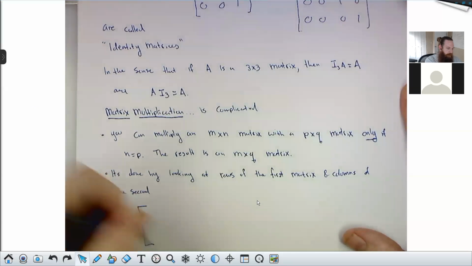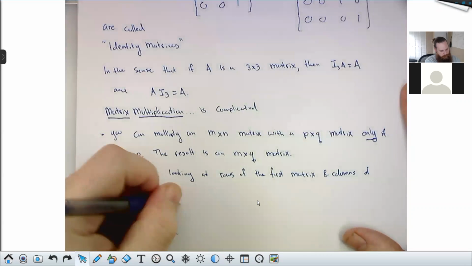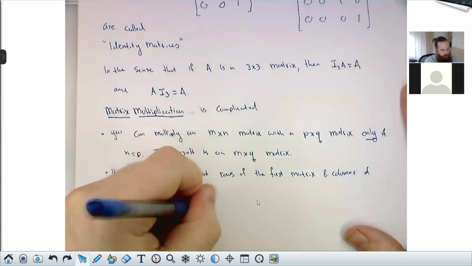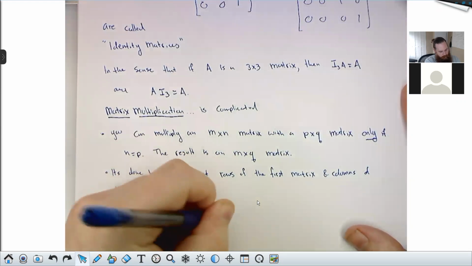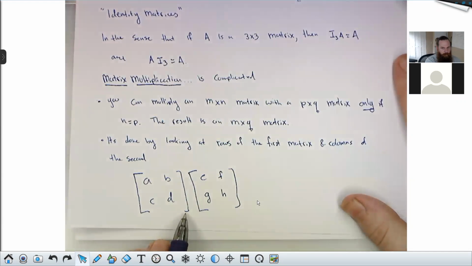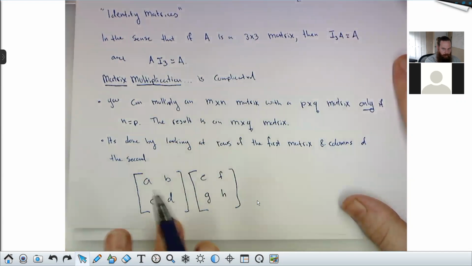So here's how you multiply two 2 by 2 matrices. Here, this is a 2 by 2. This is a 2 by 2. So M, N, P, and Q are all 2.